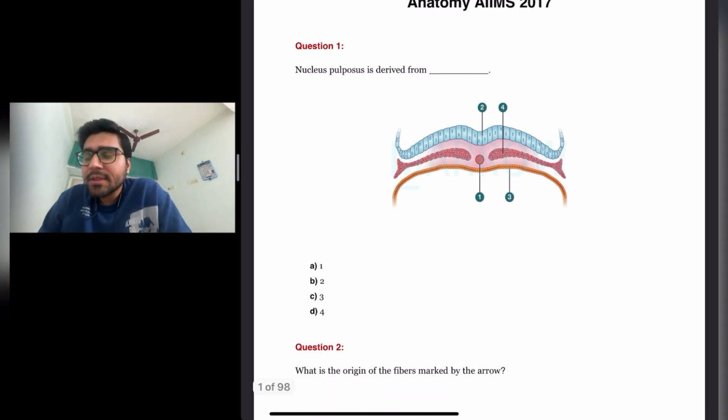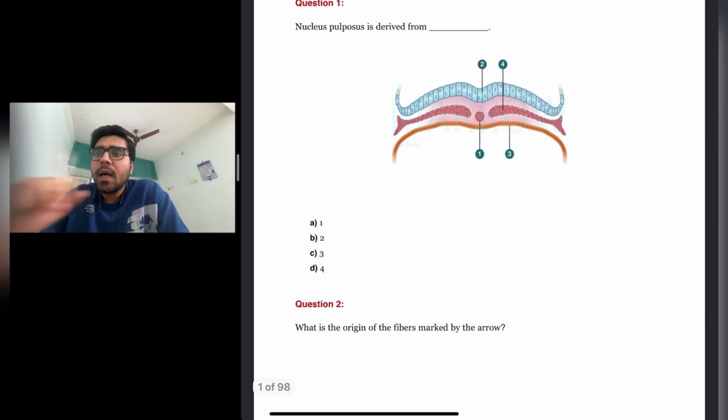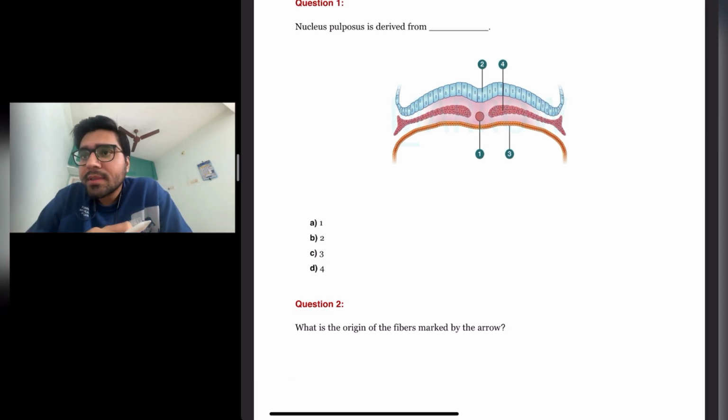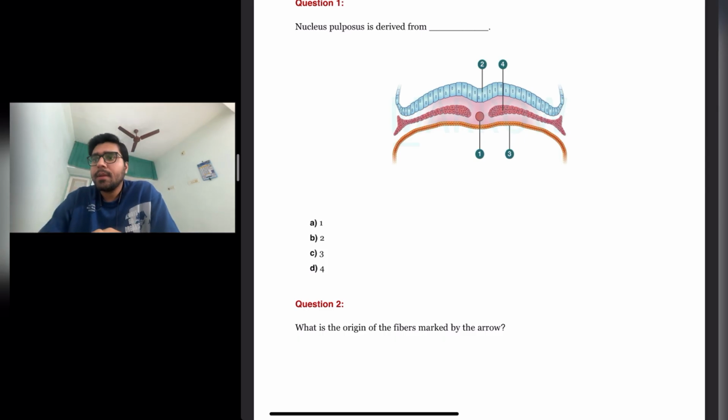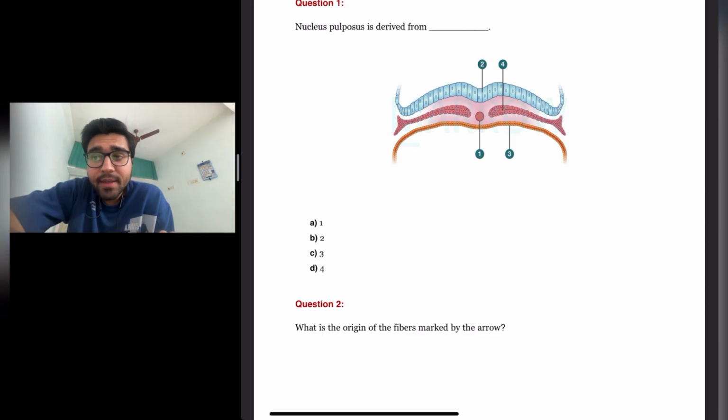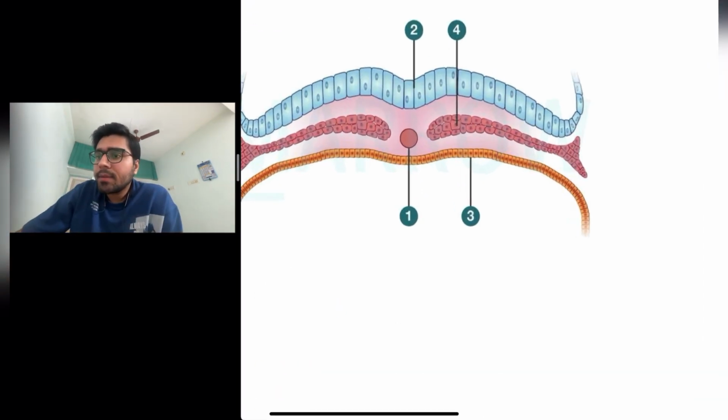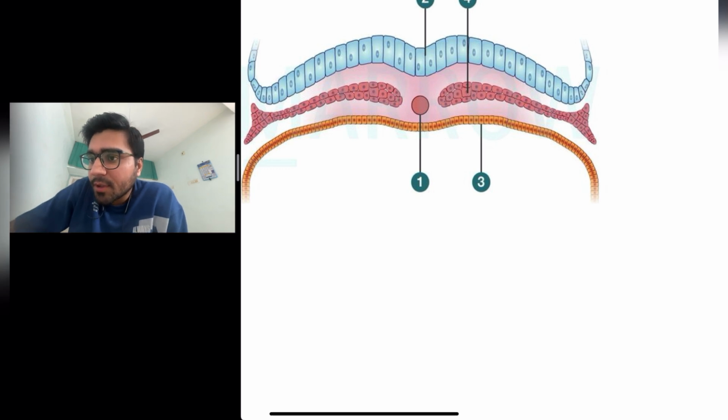So our first question is nucleus pulposus is derived from. So first of all, let us label this figure. The first structure, number one, is notochord.